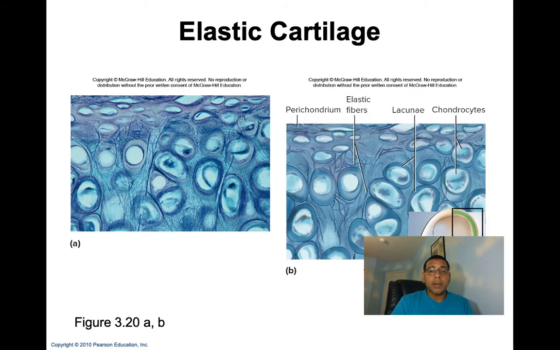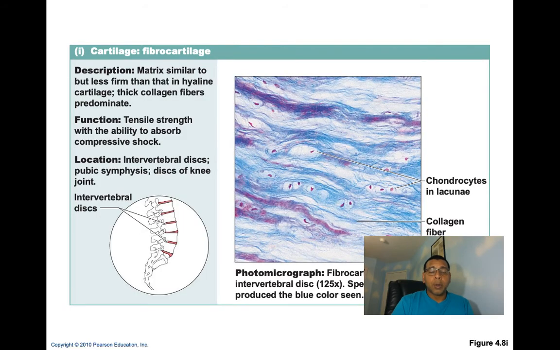Now we move forward. Here we can see fibrocartilage. The matrix here is similar to, but less firm than, that in hyaline cartilage. You've got nice thick collagen fibers that predominate, running in a parallel fashion.